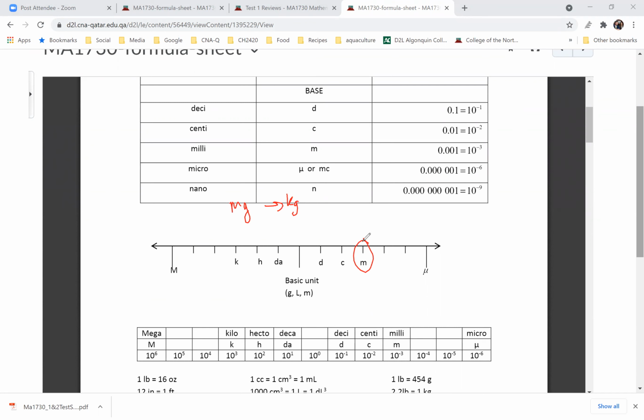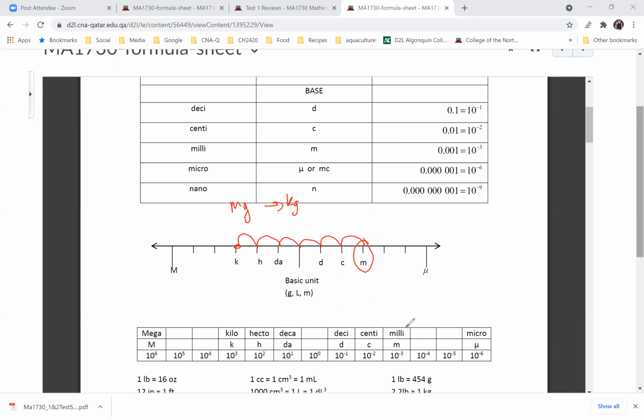Basically, I'm going 1, 2, 3, 4, 5, 6 places left. I'm going to move my decimal place 6 places to the left. That's it. It's a little easier to do it on the number line than on the chart, and I'll show you how it works on the chart as well.